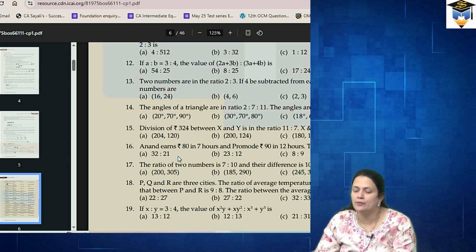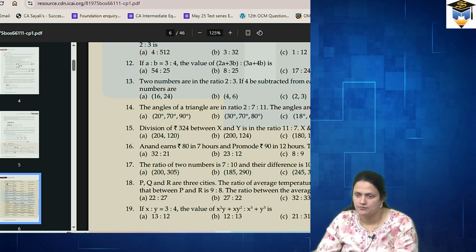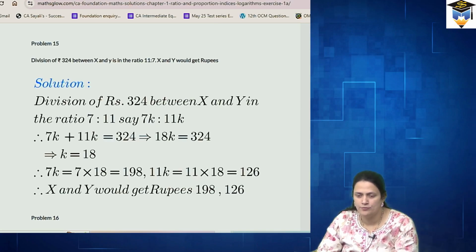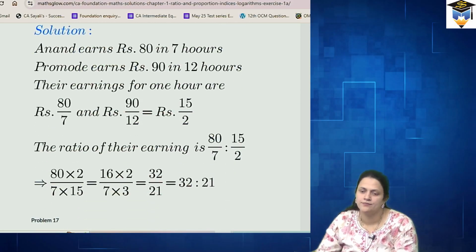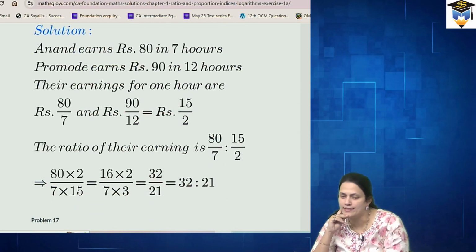How much is 80 divided by 7? 11.42. And Pramod 90 in 12 hours. So how much does he earn in 1 hour? Now tell me. This is going to be the correct answer.